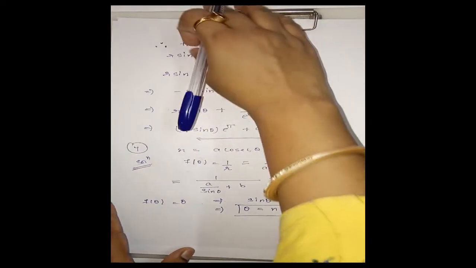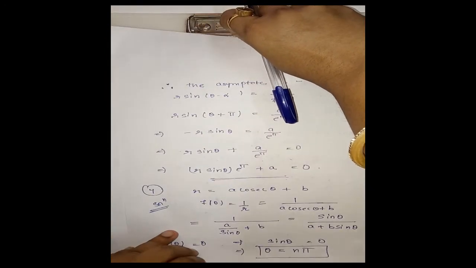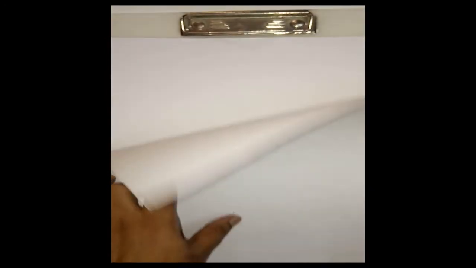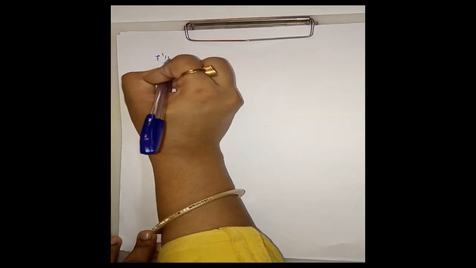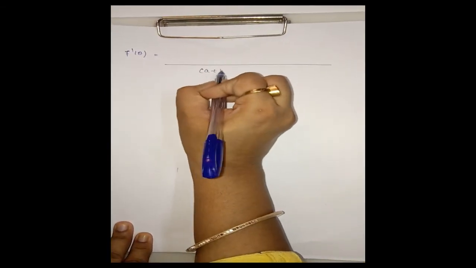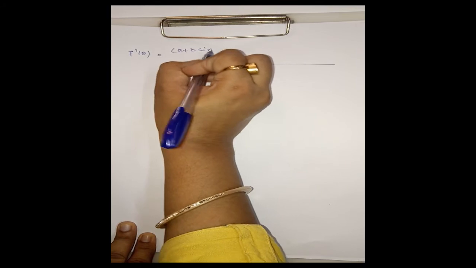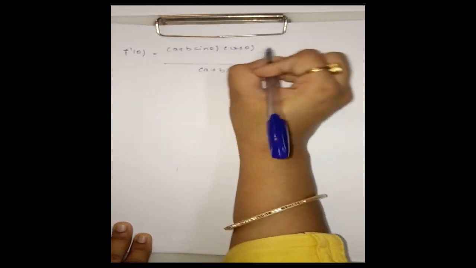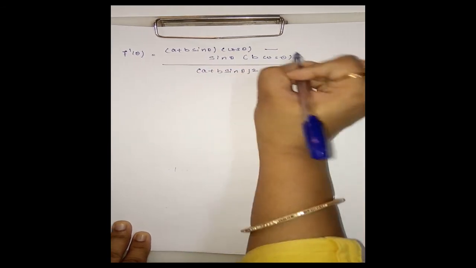Now we find the derivative, f dash theta. Now f dash theta is equal to a plus b sin theta into cos theta minus sin theta into b cos theta, upon a plus b sin theta whole square.